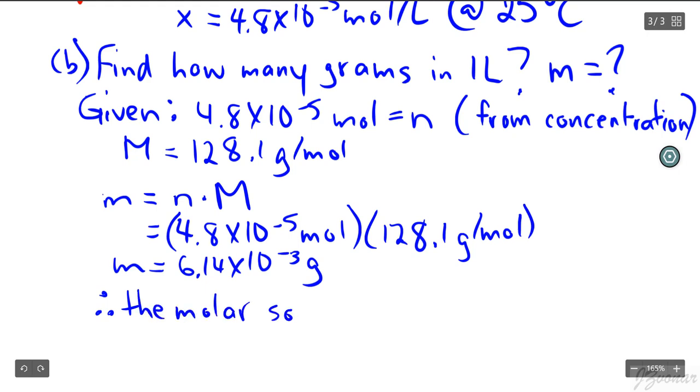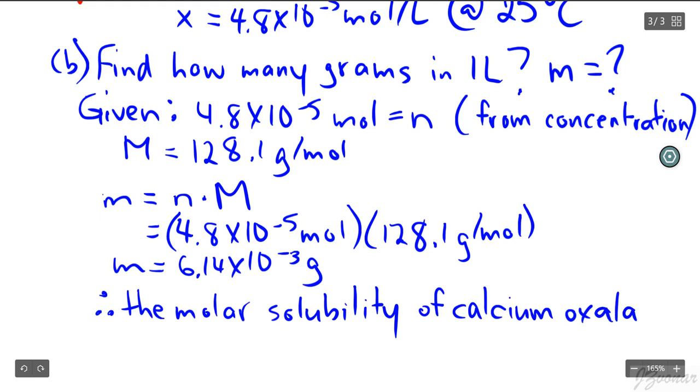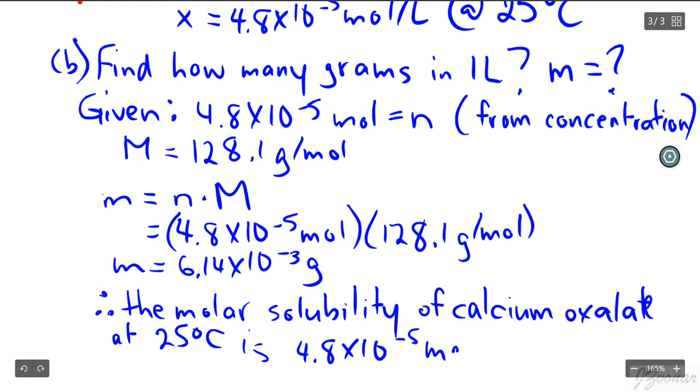So what this tells us, therefore, is that the molar solubility of calcium oxalate at 25 degrees is 4.8 times 10 to the negative 5 moles per liter.